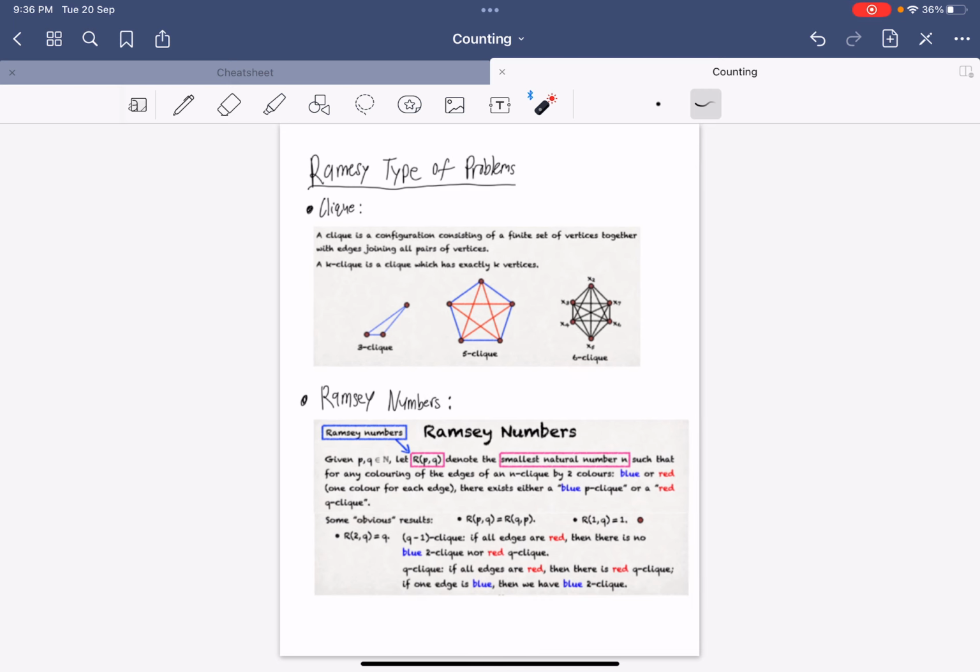And then, within the 6 clique, you can color the edges either blue or red. And basically, a Ramsey number is just the smallest size of the graph, or the smallest clique size, such that at least a blue P clique or a red Q clique is there.